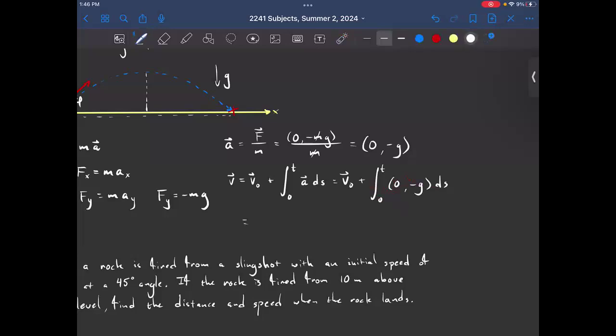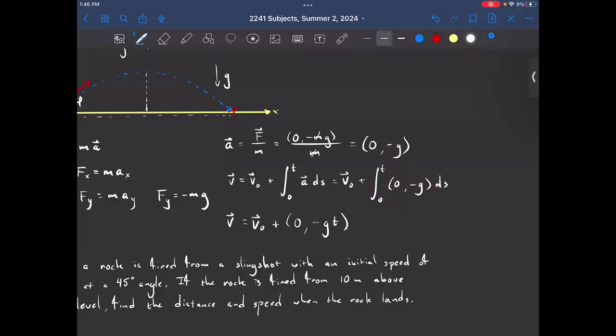Hopefully this is relatively easy. We have v0, and then the integral of the 0 function over any interval is just 0. So this is going to be plus 0, and then minus g times t. Okay, so there's our velocity as a function of time.